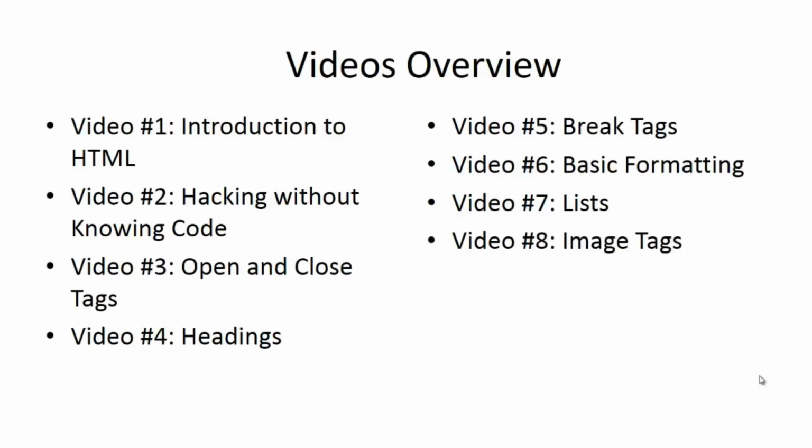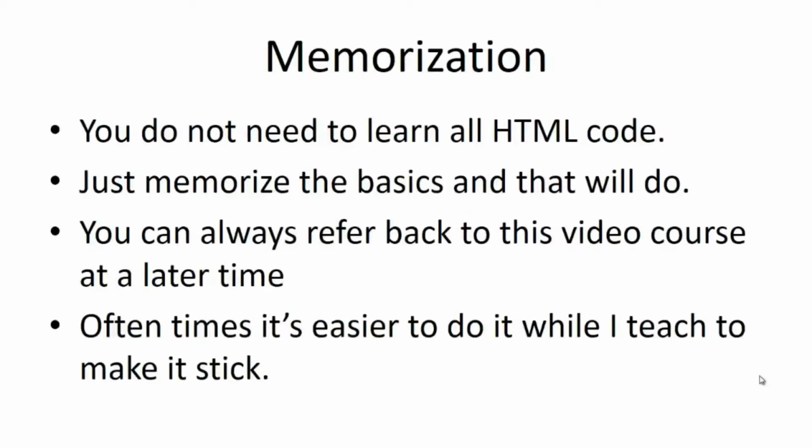And video number 8, we're going to talk about image tags, how to make them SEO friendly, and of course, video number 9, we're going to talk about hyperlinks. Now, not just how to create a hyperlink, but how to make it so when somebody clicks on it, it opens up in a new window. So this is something that you are going to face over and over again. And that's why we're focusing specifically on these tags.